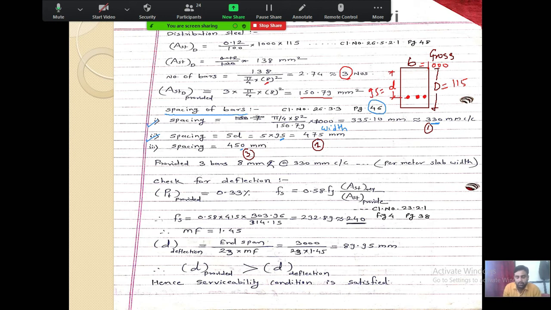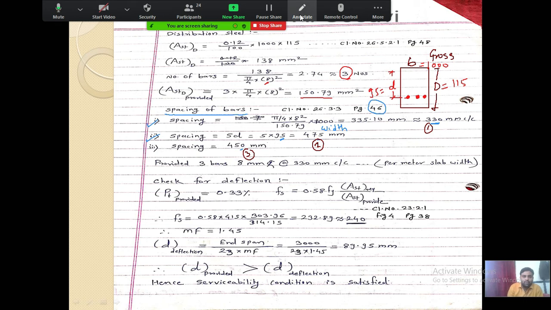First we check the slab for shear, and then we go for deflection. Here I have taken the check for deflection first. It doesn't matter which order you follow, you just need to follow the procedure and be sure that the design is safe and satisfies the checks.